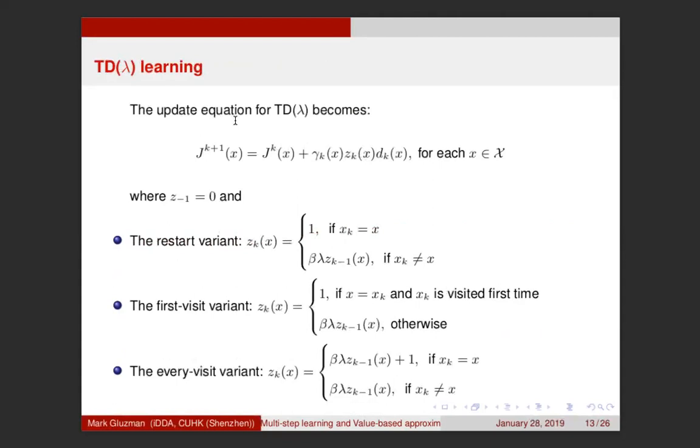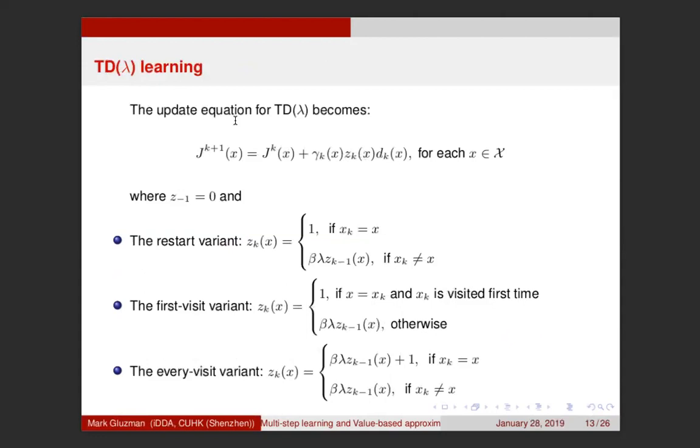But basically, after we make 1 time step, we update each estimation of the value function for each x in our state space.